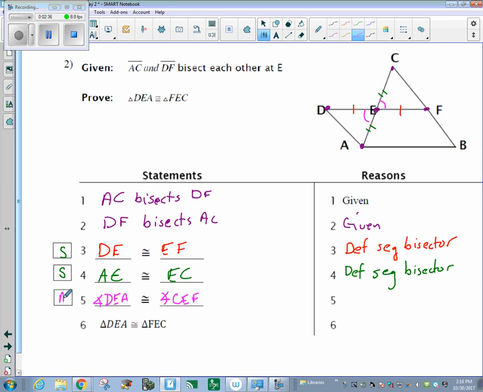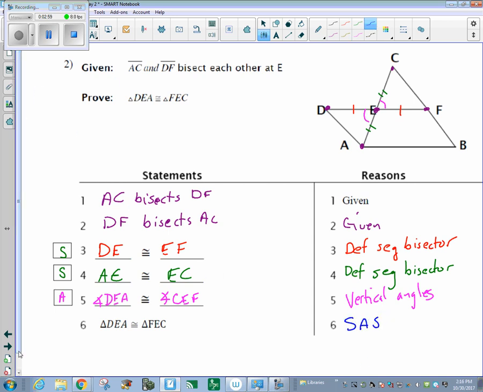That would be an angle over here, and we can say that by vertical angles. And so why are these triangles congruent? Well, if you look, we've got a side, an angle, and a side. So our reason why these guys are congruent is SAS.